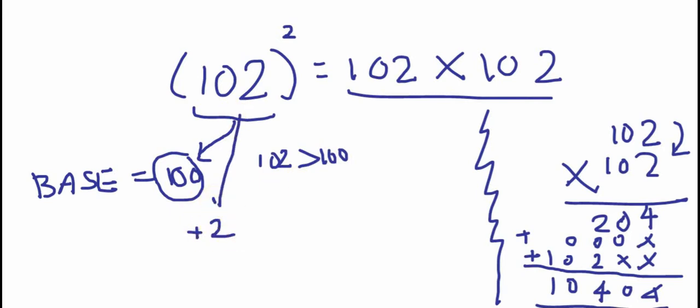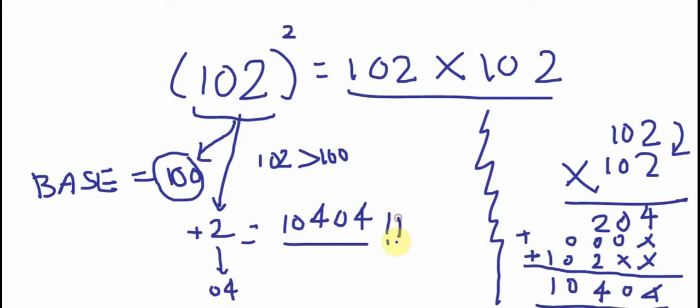Now just add these two to 102 and you get 104, and you already have the first three digits of the answer. Now since this is square calculation, you have to calculate square at some point, so just square this number. Now square of 2 is 4 and that can be written as 04. Just write 04. So this is the answer which you can match from here.